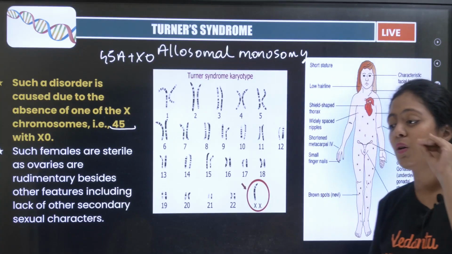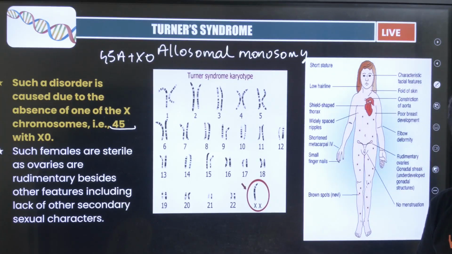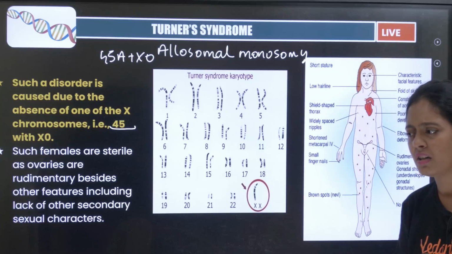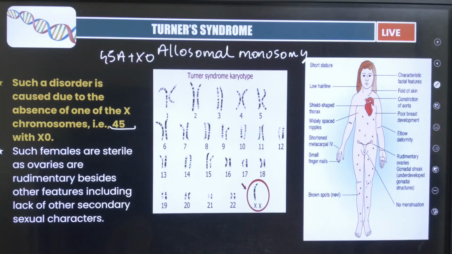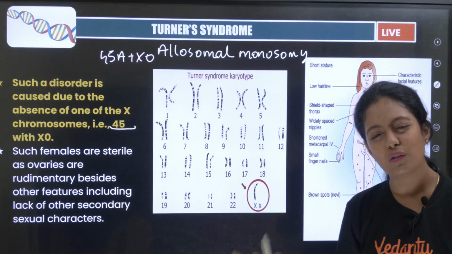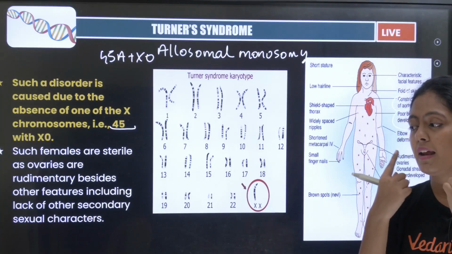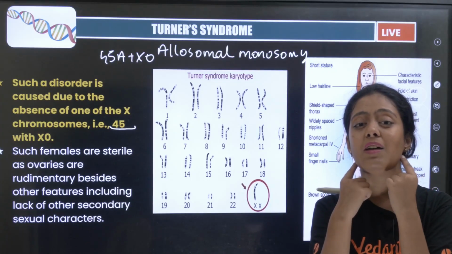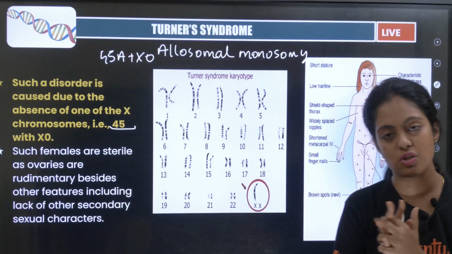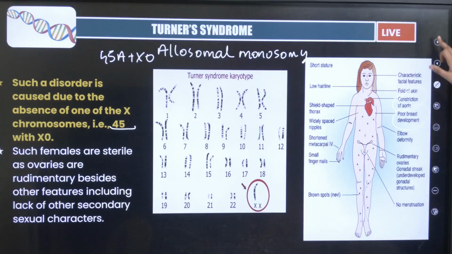Besides other features, they also lack other female secondary sexual characteristics. They will be very weak health-wise. Okay, they'll have constriction of aorta, poor blood, poor breast development. Okay, a lot of problems will be there. Webbed neck will be there. The distance between your neck and your head will be very short. They're usually short in stature. Okay, so this is your Turner syndrome.